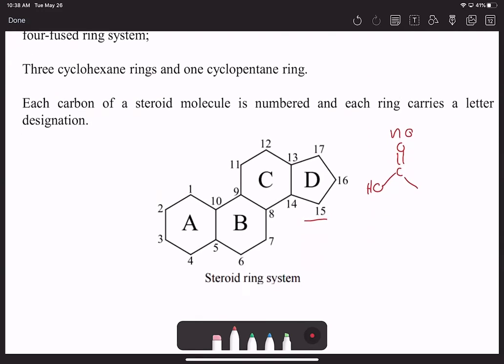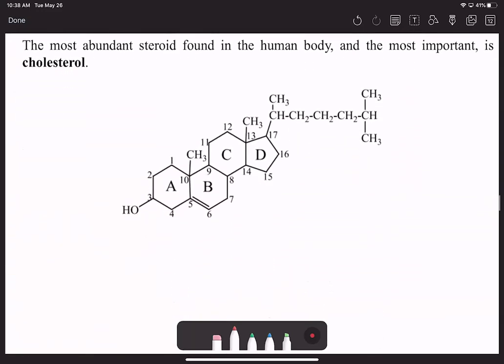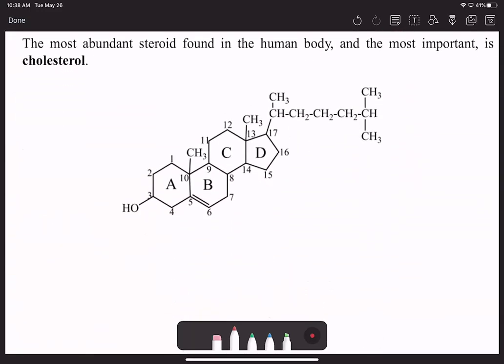But it's still a lipid because, I mean, take a look at the number. I have 17 carbons in this structure here, right? So this ring system here is what helps us identify steroids. So what makes steroids different are all the double bonds we can put on there, all the side groups we can put on there. So you'll notice that cholesterol is a steroid, and on cholesterol we put an alcohol group here.